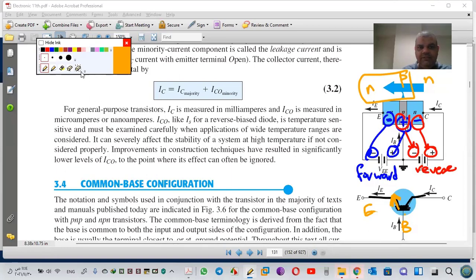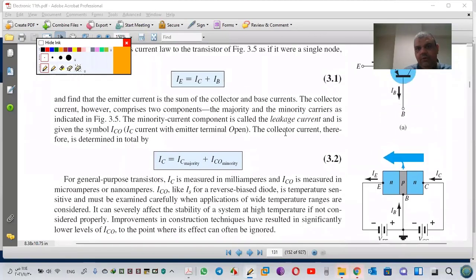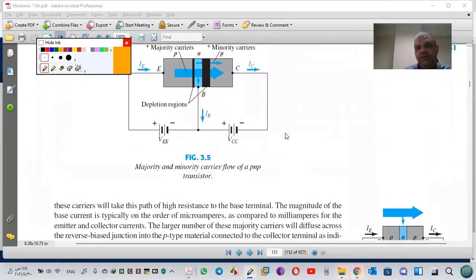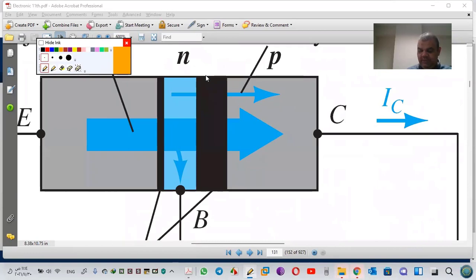Okay. Now let's see the last formula, this one. IC is IC majority plus ICO minority. If you return back up in our book, see this here, how many currents do we have? Expand. See here, in the collector, we are talking about the collector here.